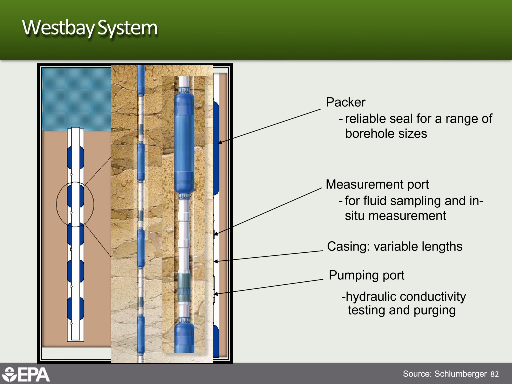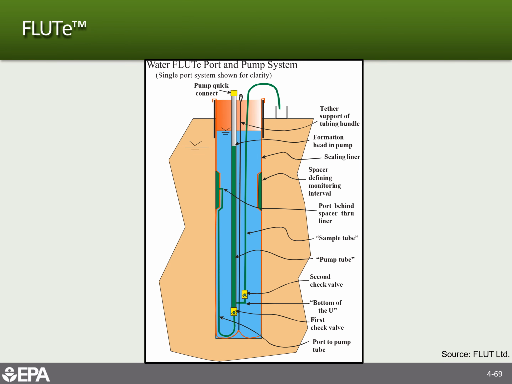The Westbay system, again, is a series of packers and samplers, and there are various ways to control this from the surface, but you can then set this as a permanent well to sample individual intervals. The FLUTe system is a flexible liner. That's what the FL stands for.